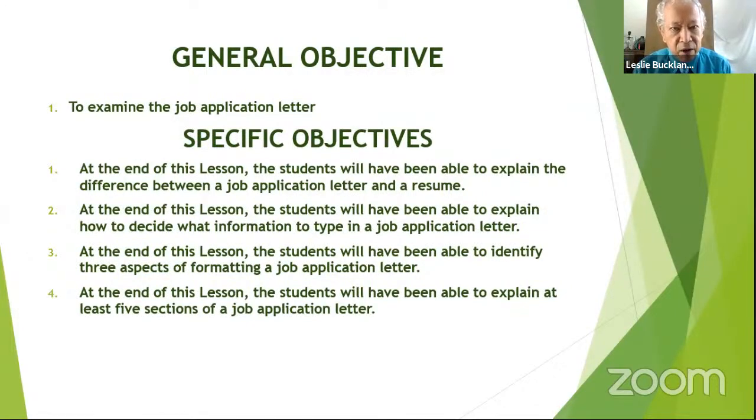The specific objectives are: 1, at the end of this lesson, the students will have been able to explain the difference between a job application letter and a resume. 2, explain how to decide what information to type in a job application letter. 3, identify 3 aspects of formatting a job application letter. 4, explain at least 5 sections of a job application letter.